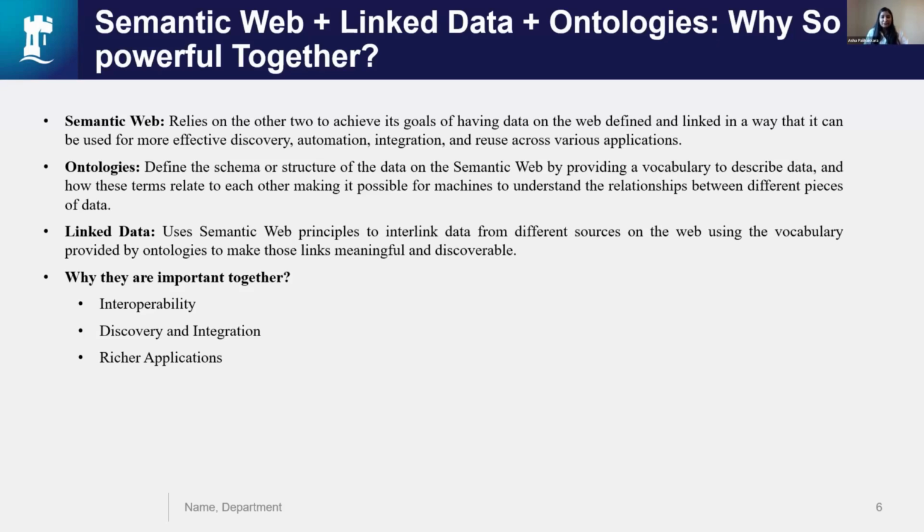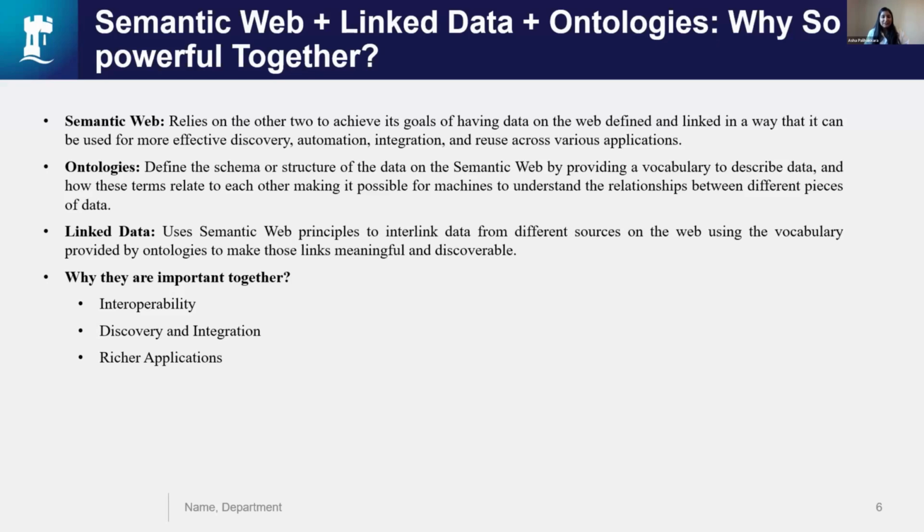Here, ontologies or data schemas help to structure this data, making it machine readable, and also allow us to represent relationships between pieces of data. The linked data concept uses the semantic web principles to interlink data from different sources on the web using vocabularies provided by the ontologies.